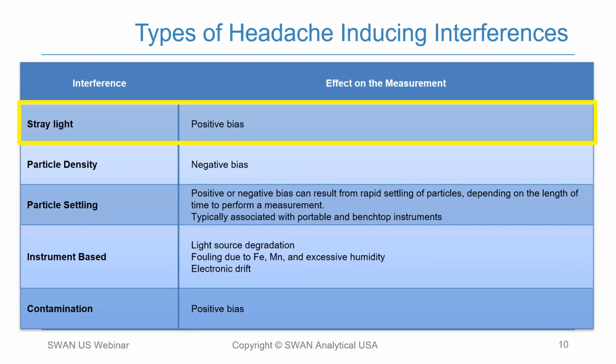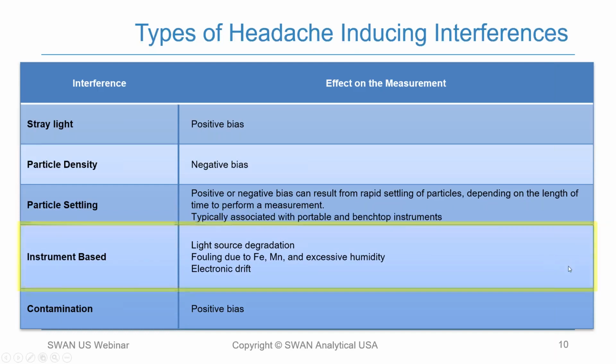Now these were prior to me going with SWAN. I worked with the manufacturer of that instrument to determine that the bottom of the unit was fading over time, and it was allowing stray light from light reflection to negatively impact the result. It was creating a higher number than was actually there. So that's something that needs to be addressed in some capacity to make sure that you're not getting higher numbers than you should.